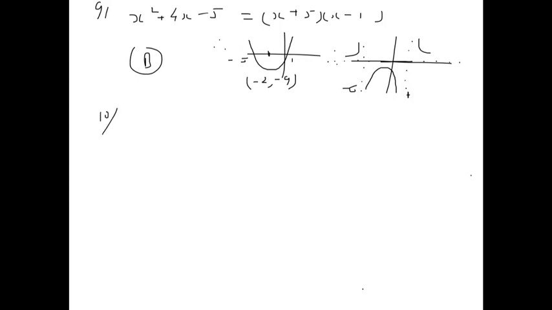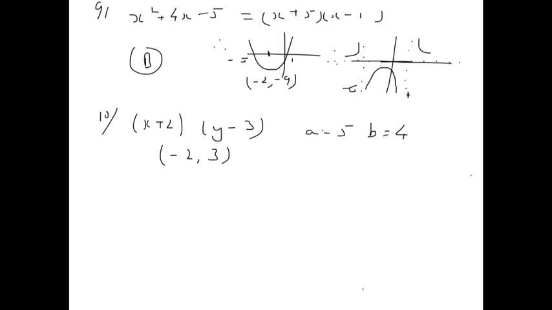Question 10. The coordinates of the centre and the length of the major axis of an ellipse. Well, first of all, because you've got x plus 2 and y minus 3, the centre will be negative 2 and positive 3. And then we're looking at a is 5 and b is 4, square root of 25.